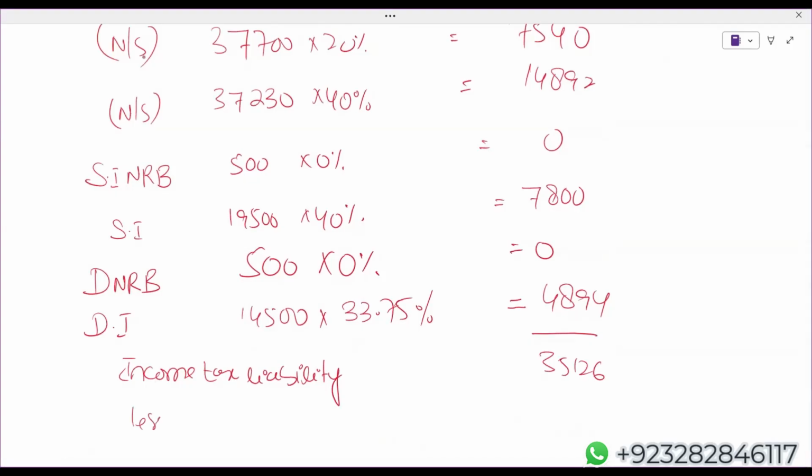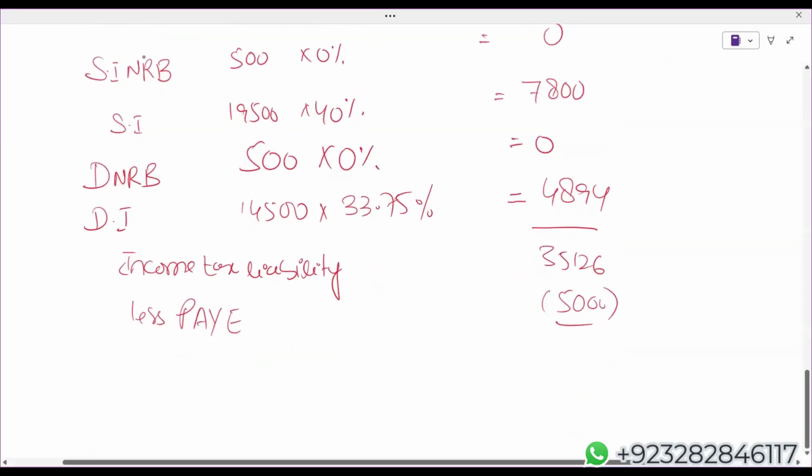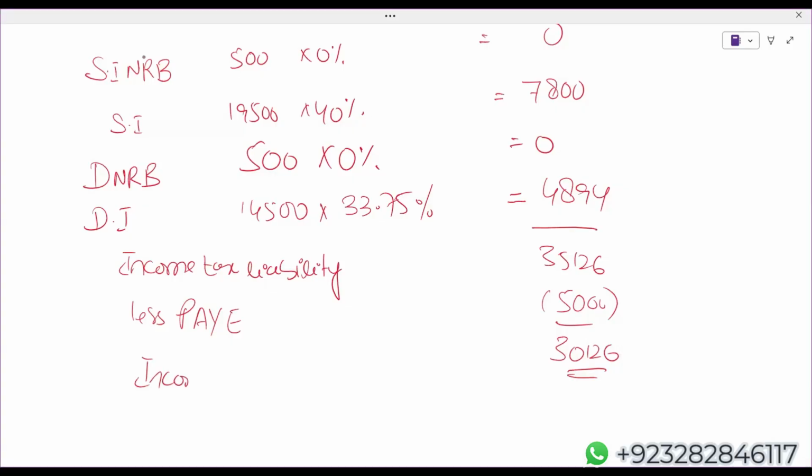Less PAYE, pay as you earn, the tax which is already paid in advance, it is 5,000. So again, answer given by the student is perfectly all right. That is your income tax payable. Okay.